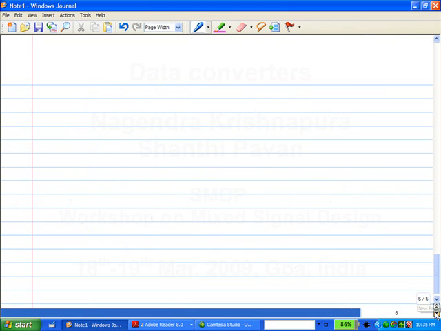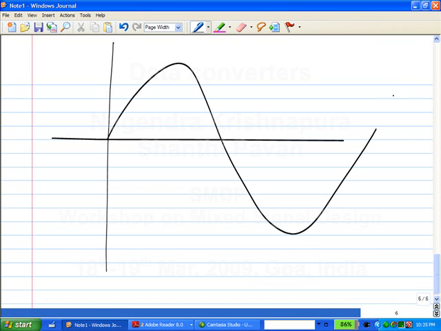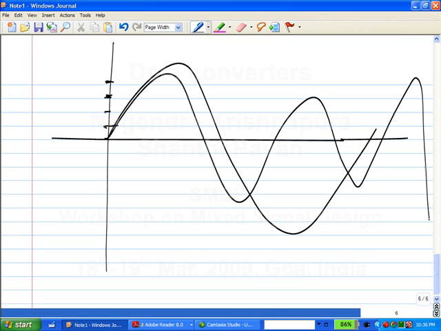So let's say I take this sine wave, and I have cut it up into all these pieces. The moment I talk about distribution, I am talking about statistical quantities. So if I have a number of different signals, what is the distribution likely to be? Or if the signal itself has some variations like this, which is not a sine wave, what is the distribution likely to be? There will be some values between this and this, and some more values between this and this.